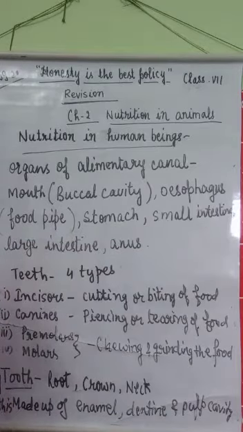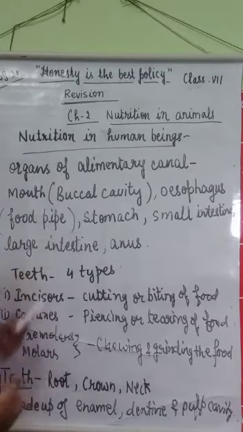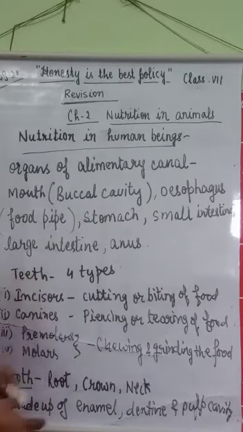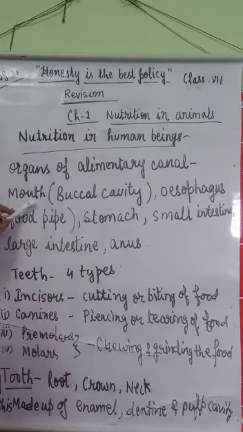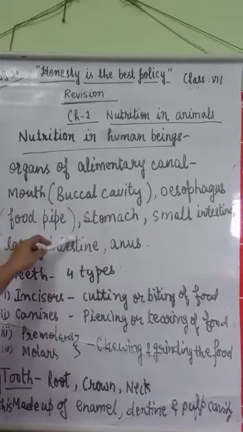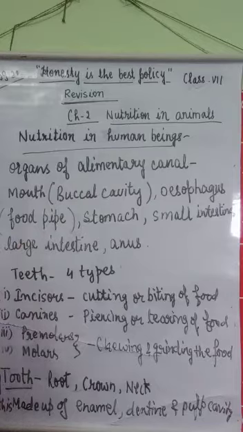When undigested food passes into the large intestine, water and some salts are absorbed, and the undigested food is expelled out from our body through the anus. So all these organs, along with glands like liver and pancreas that secrete digestive juice, form the alimentary canal or digestive system.